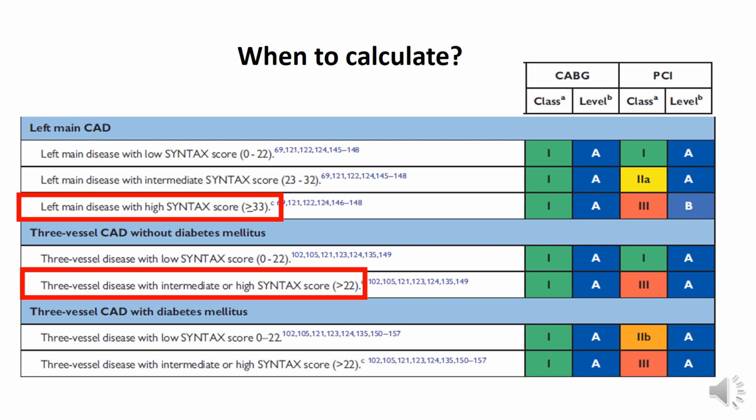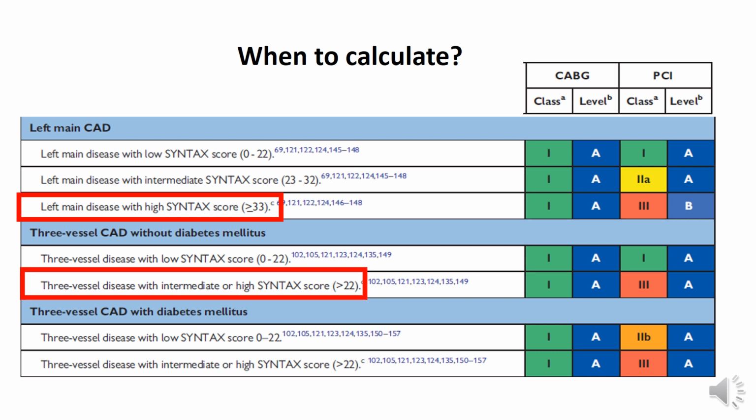In case you have a score between 23 and 32, you have either option, but still CABG might have more benefit regarding less need for revascularization and less target lesion failure. If the score is low, between 0 and 22, both options give equal results.